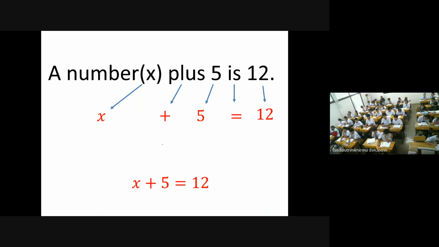We can write it as X plus 5 is equal to 12. Easy, right? Again, before we solve, we are going to write this statement into a linear equation.